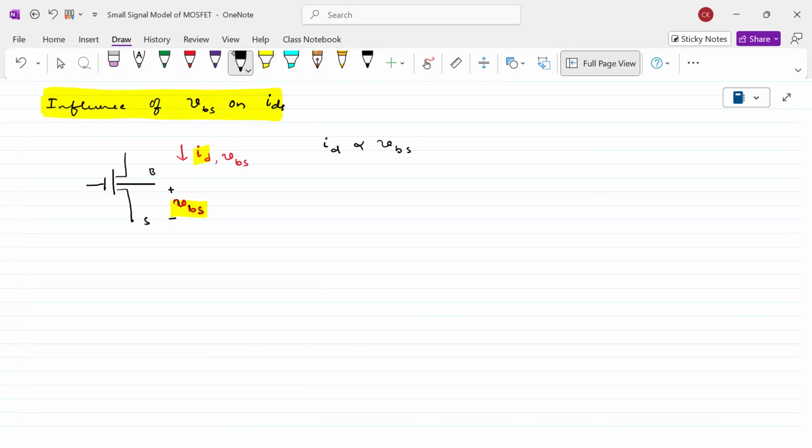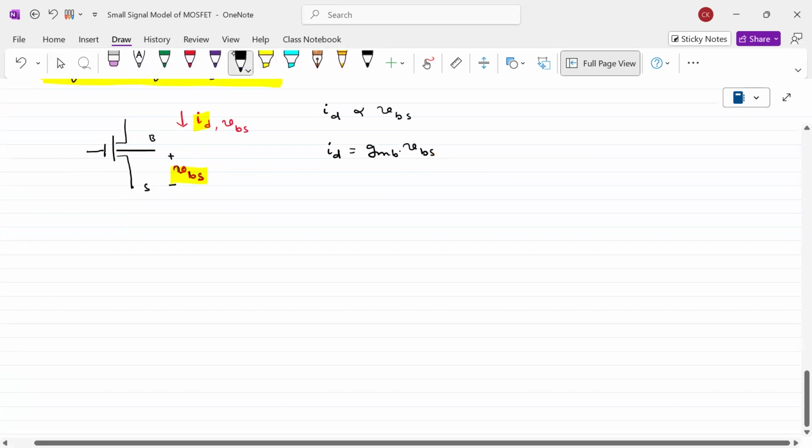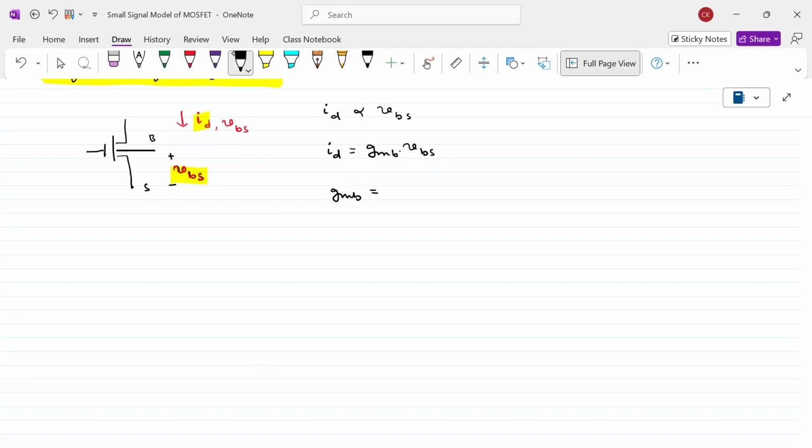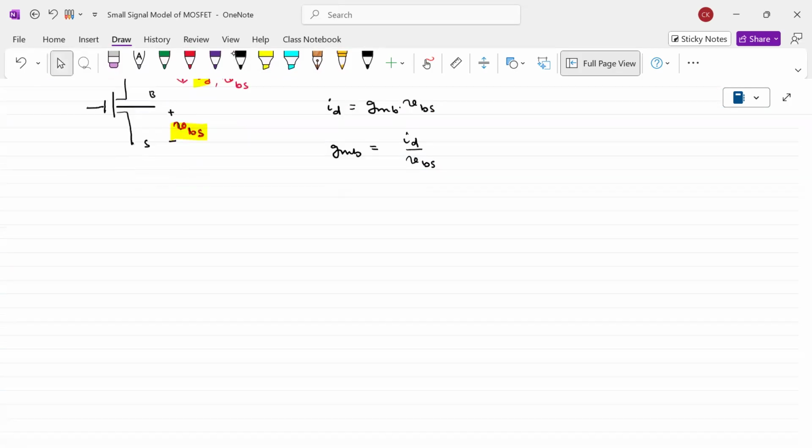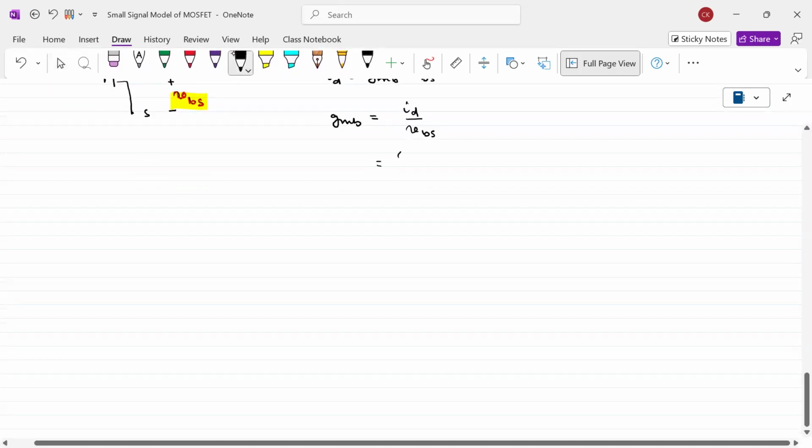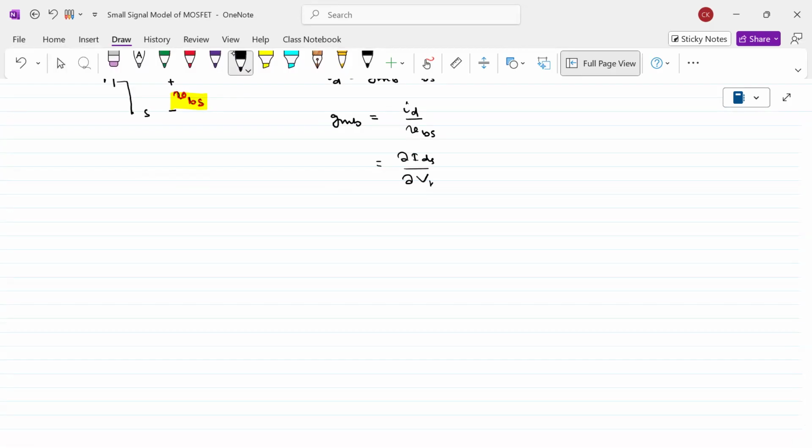Therefore, we simply write here ID is equal to GMB into VBS. Can I write like this? Yes, right. Now, how do we calculate the GMB? ID divided by VBS. The meaning of this one is dou IDS divided by dou VBS.